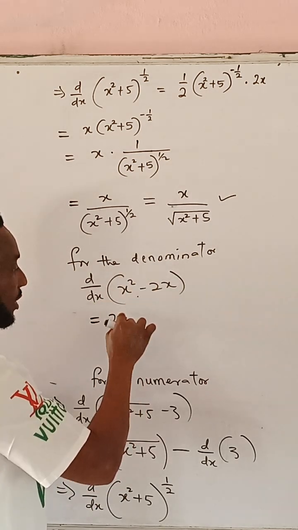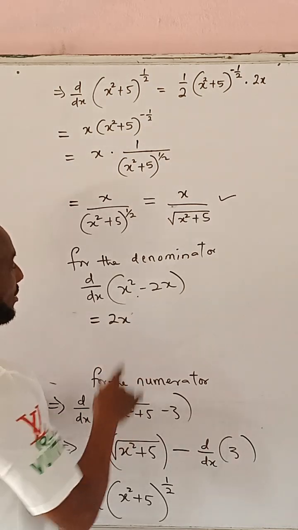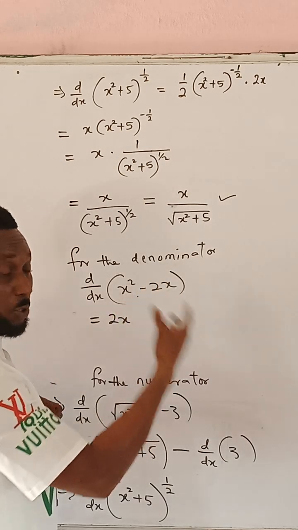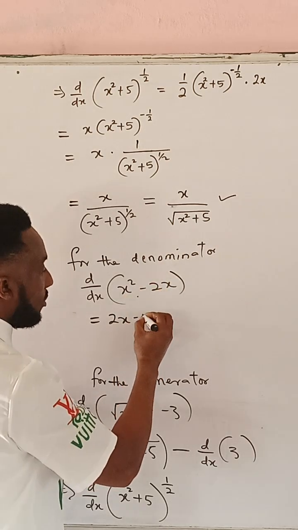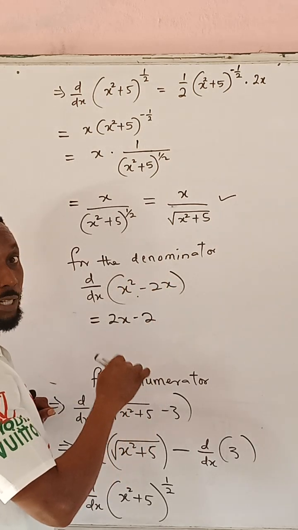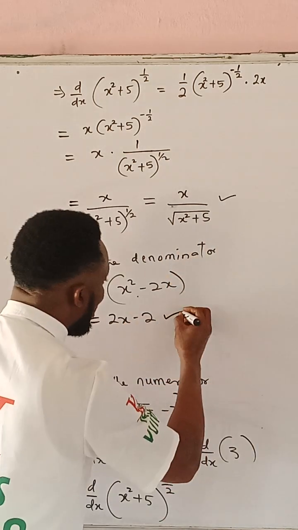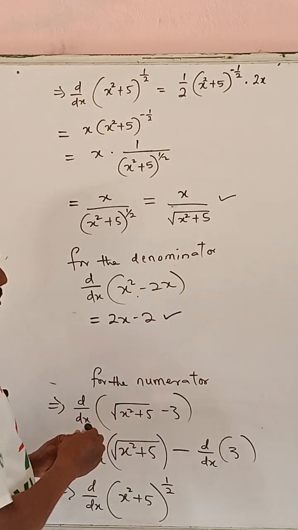Then 2 minus 1, that's 1. So the power here is actually 1, but we don't need to write it. Now, if I differentiate negative 2x, the x is my concern. The power is 1. I will use 1 to multiply 2. Then if I remove 1 from 1, I will now have x to the power of 0, which is 1. So this is the differential value of the denominator.